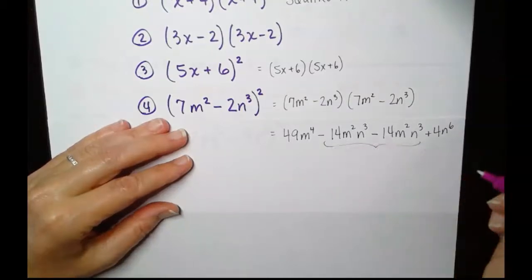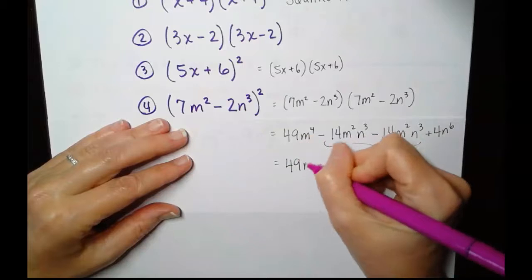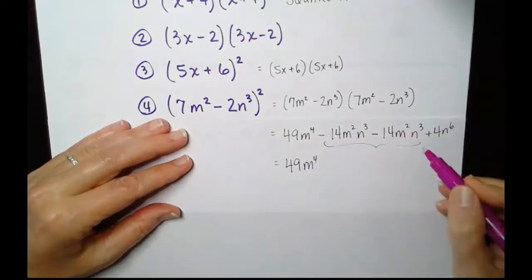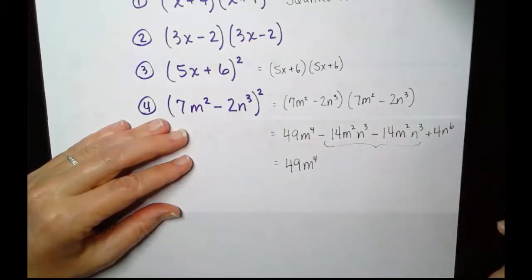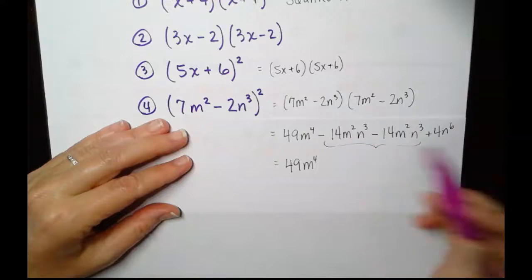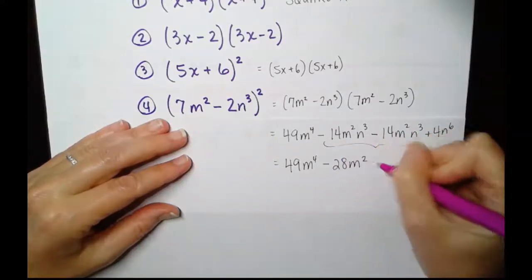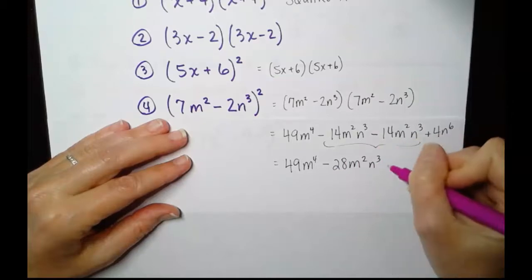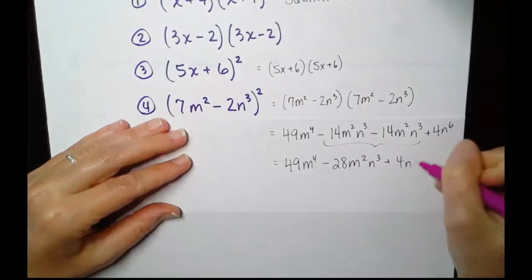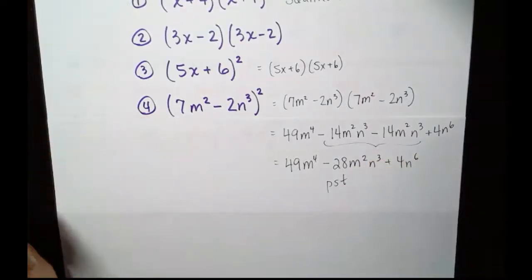Once again, the like terms in the middle, they basically double, and we are adding, so when we're adding, exponents stay the same. Negative 14m squared n cubed doubled is negative 28m squared n cubed plus the 4n to the sixth. And once again, we have created a perfect square trinomial.